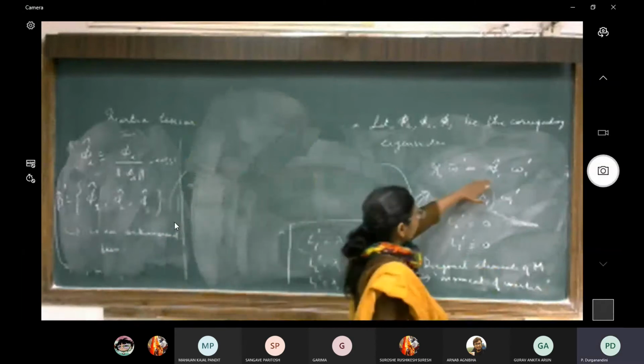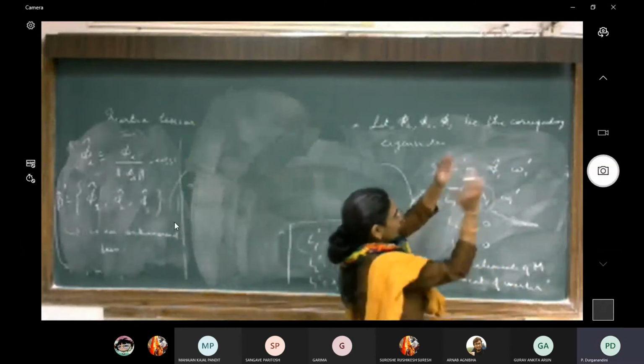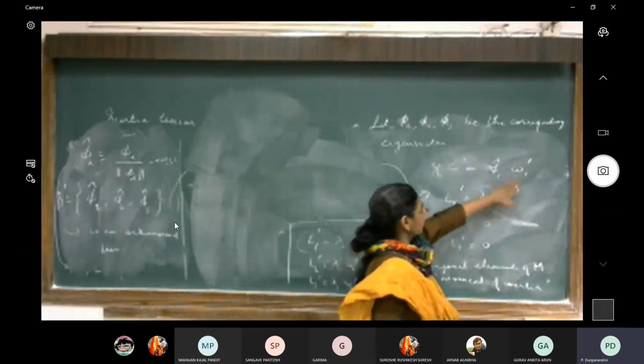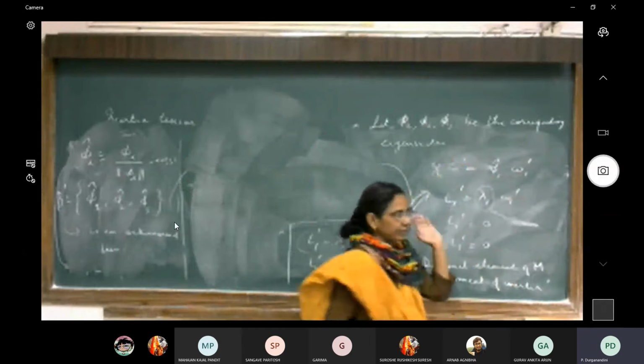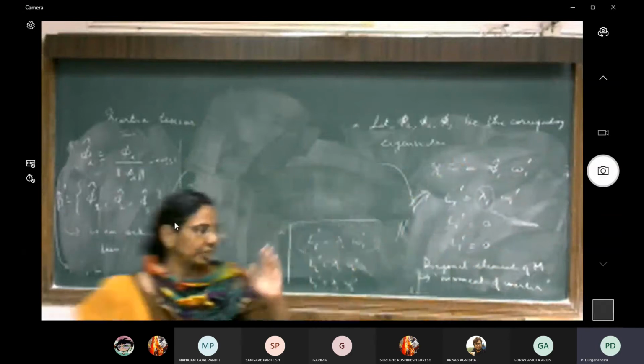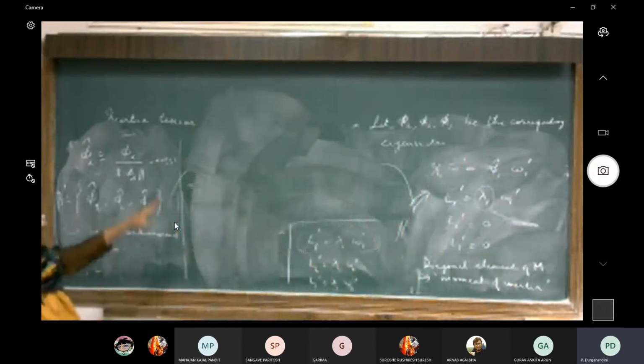So if I rotate my body about the phi 2 axis, then I will get an angular momentum only along the phi 2 direction. If I rotate about the phi 3 axis, then I will get an angular momentum about the phi 3 axis.